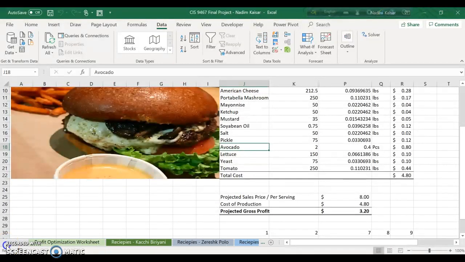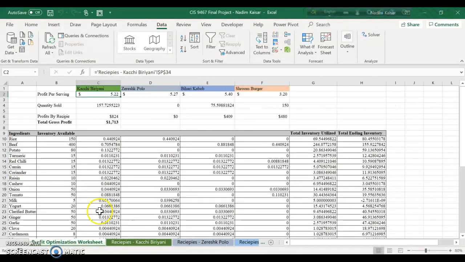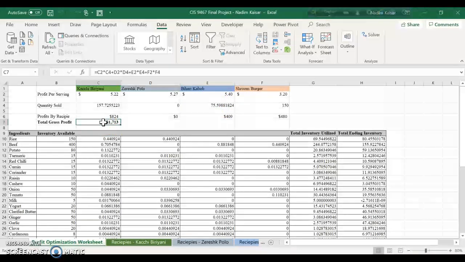Now here in the profit optimization worksheet, I will use Solver to see how much maximum profit I can make from the sale of these dishes in my restaurant. To use Solver, my objective will be to make as much profit as possible, so maximize this amount here.